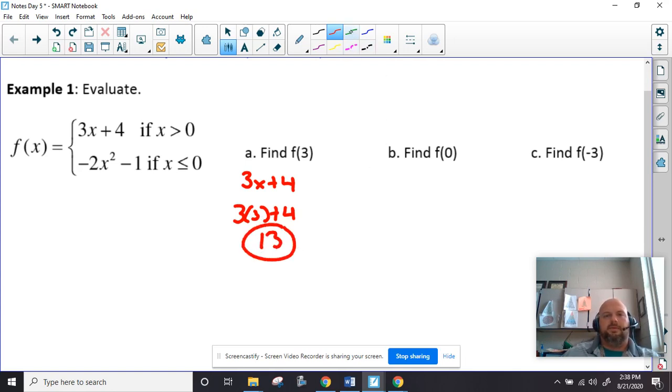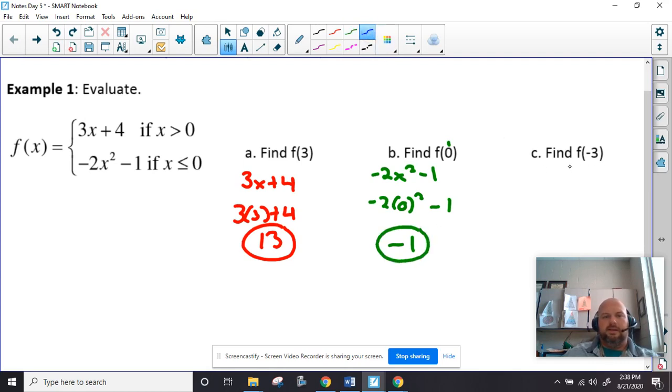That's it. Okay, this one, when x is 0, well, which one of these includes 0? Well, it's this bottom one. Okay, so I plug it in. When you plug in 0, all this goes away, so I'm just left with -1.